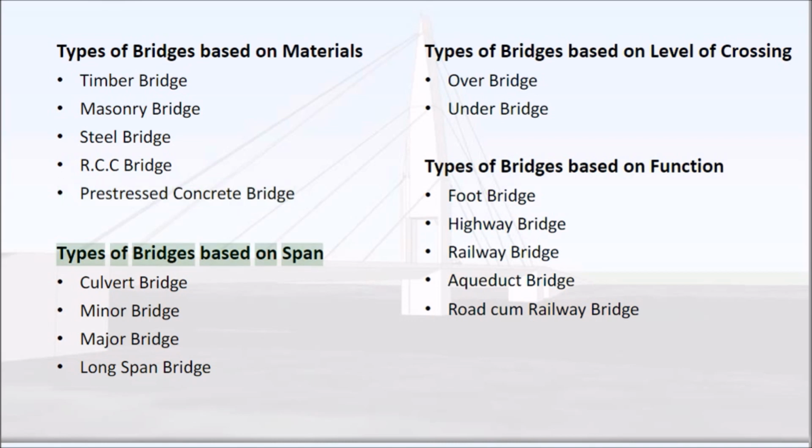Types of bridges based on span: culvert bridge, minor bridge, major bridge, long span bridge. Types of bridges based on level of crossing: over bridge, under bridge.